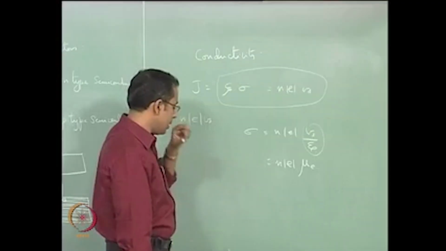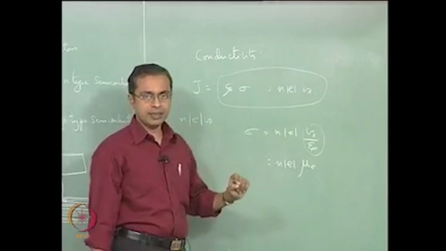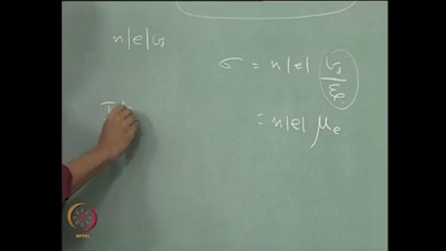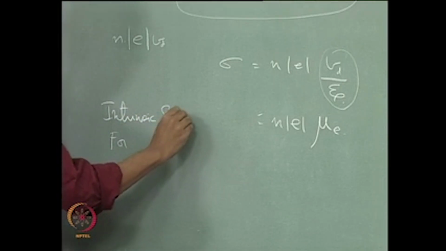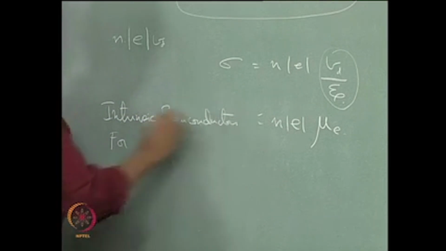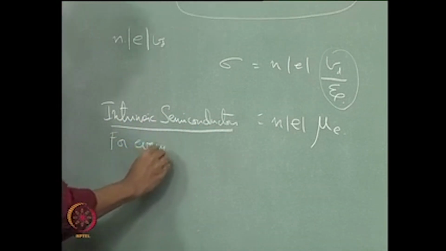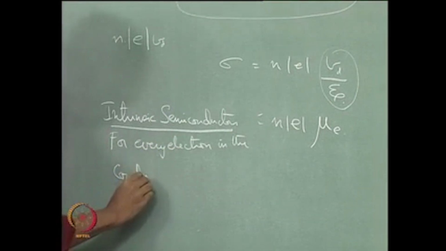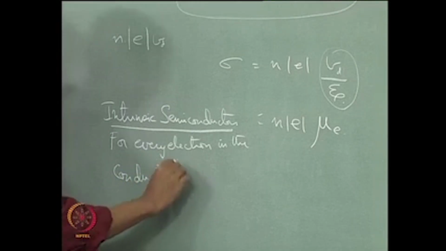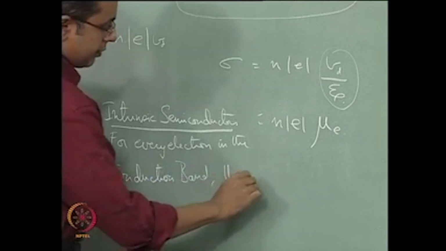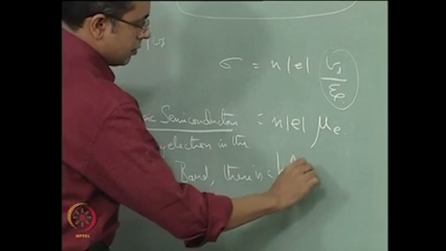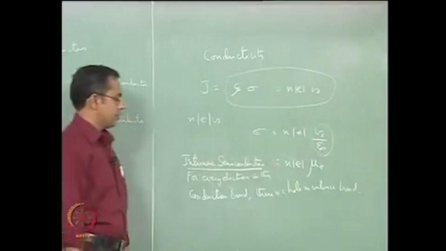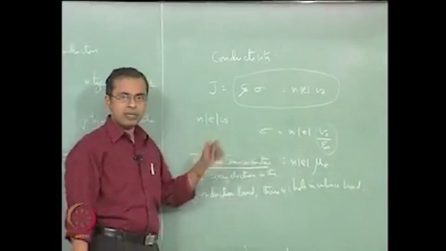As I mentioned, in an intrinsic semiconductor, for every electron in the conduction band there is a hole in the valence band, because as it moves away, it leaves behind a hole.